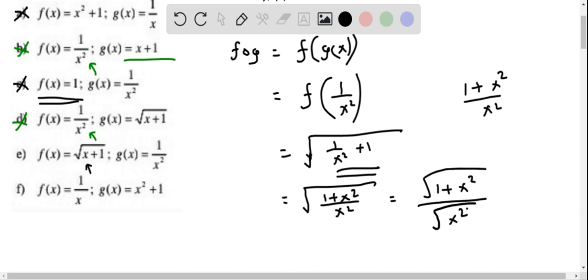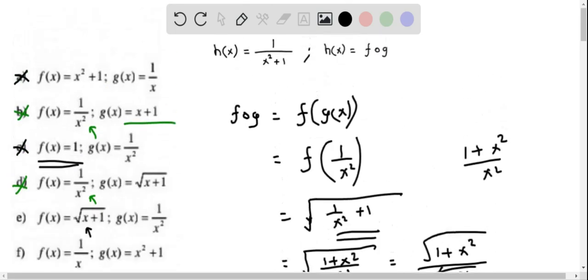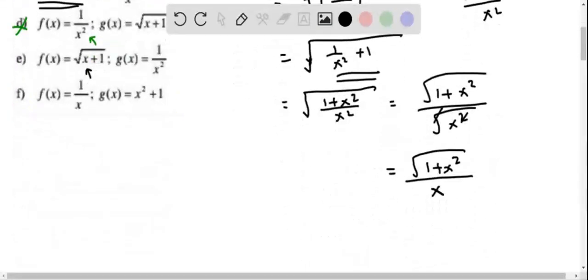Now this power of 2 and this square root will get cancelled. So this simplifies to the square root of 1 plus x squared in the numerator over x. And once again, this is not equal to h of x. So choice E is also not correct.